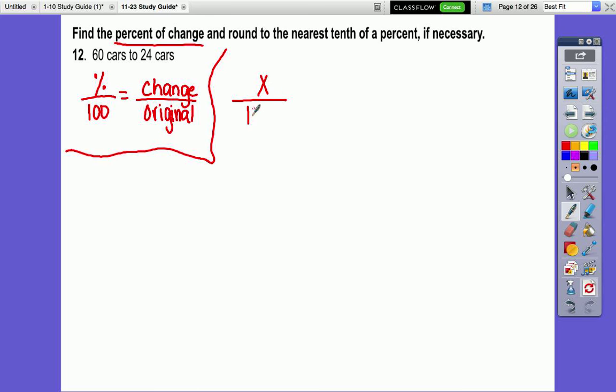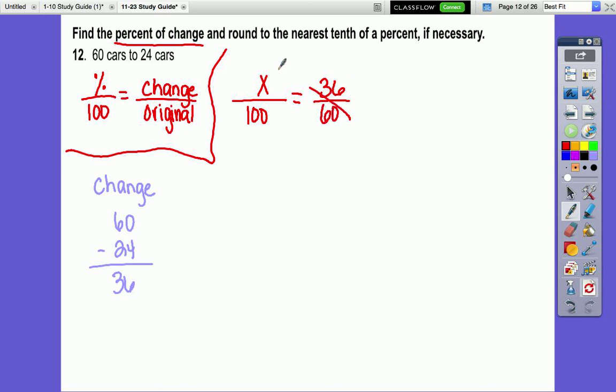And that's going to go over 100. And our change. Now, in order to calculate your change, you're going to find the difference between your original and your new amount. So our original was 60 and our new is 24. And the difference between 60 and 24 is 36. So we're going to go back over here and we're going to plug our change in as 36. The original amount, what we started off with, was the 60 cars.